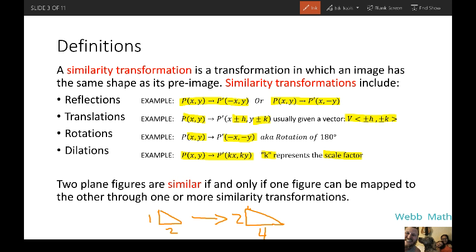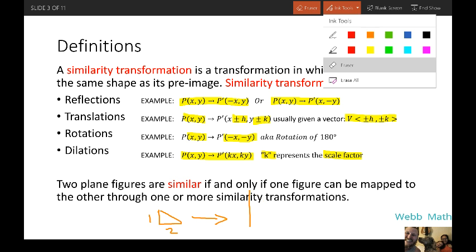Now, if it wasn't similar, it would be visually very obvious. Your triangle would come out, and let me do an even worse example.